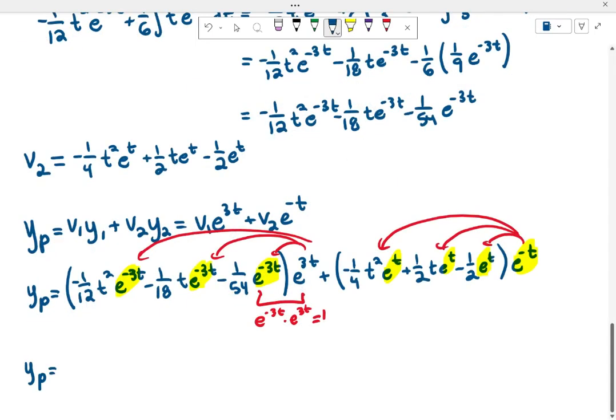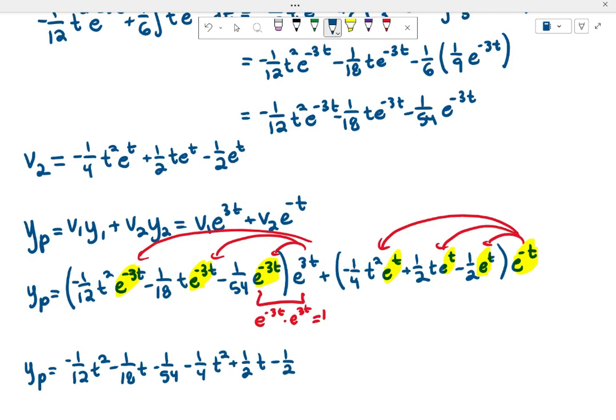So yp equals negative 1/12 t squared minus 1/18 t minus 1/54 minus 1/4 t squared plus 1/2 t minus 1/2.